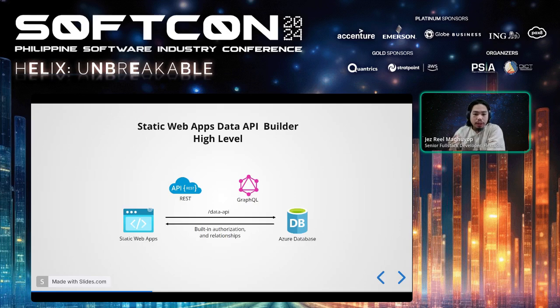It supports NoSQL collections, relational tables, views, and stored procedures. It supports multiple simultaneous data sources. You can have SQL Server, and then non-relational ones like Cosmos DB or MariaDB or MongoDB, and authentication via auth or JWT. So yeah, it's pretty handy for front-end developers if they want to do quick integration.